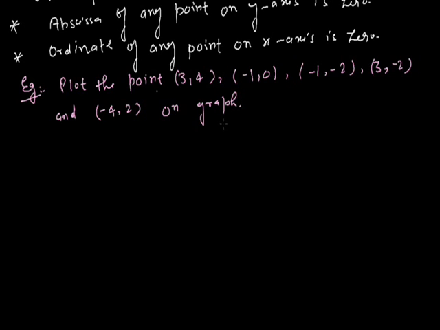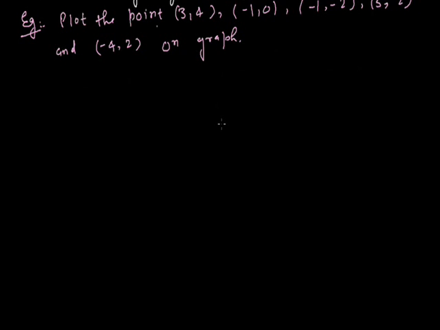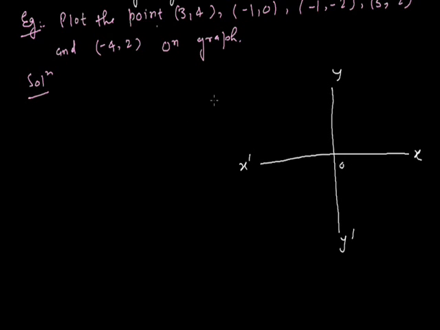Firstly, suppose this is our rectangular coordinate system. We know that all the values of the coordinates x and y are positive in the first quadrant. Here all values should be positive.